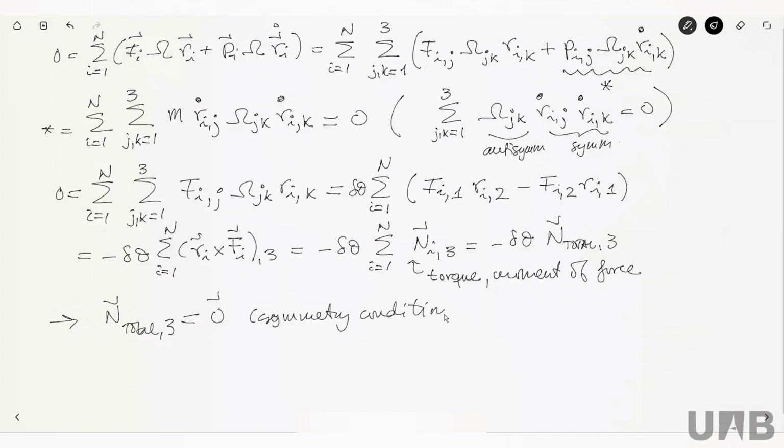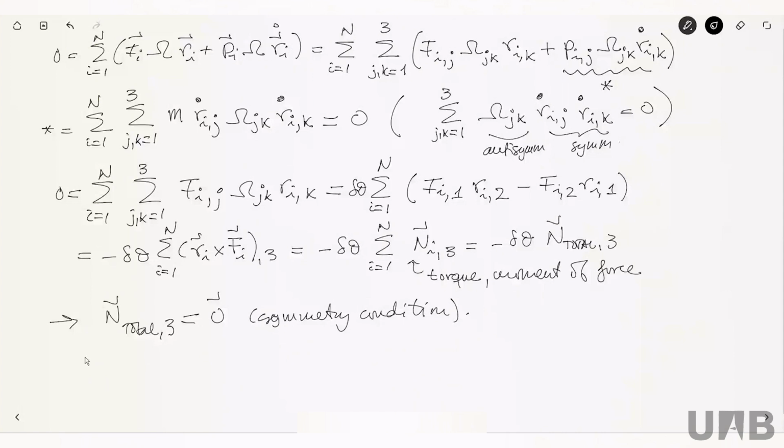So you see that if the system is rotationally invariant along the third axis, that means that the total moment of the force, of all the forces, has to vanish along this direction. Now that we have identified the symmetry condition, we can also go and ask, what is the conservation law that is going to derive from here? And we know what it's going to be, right?